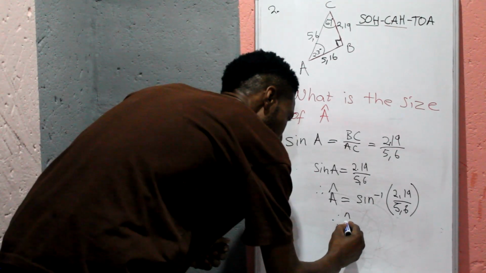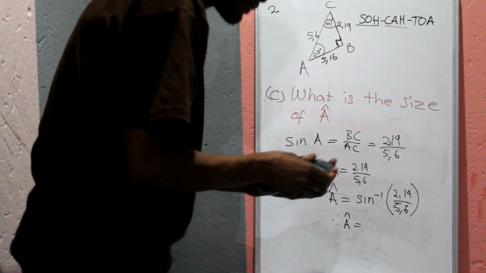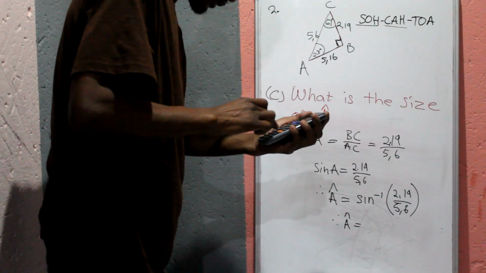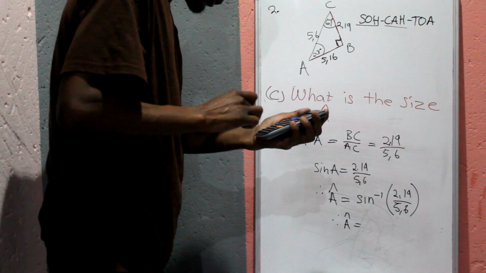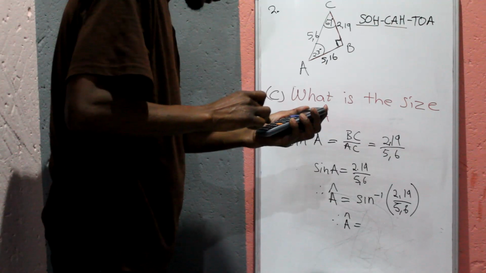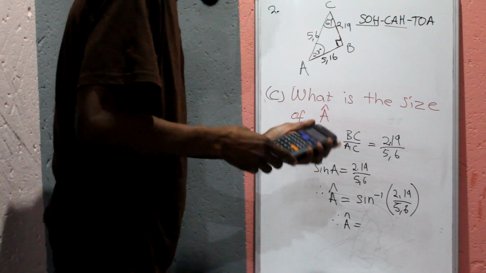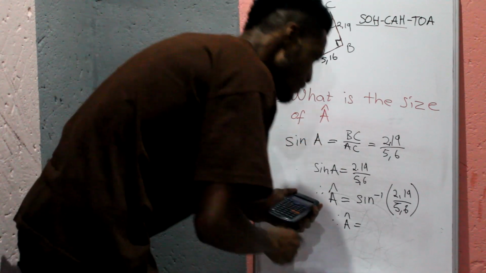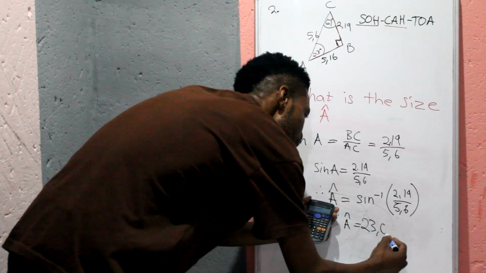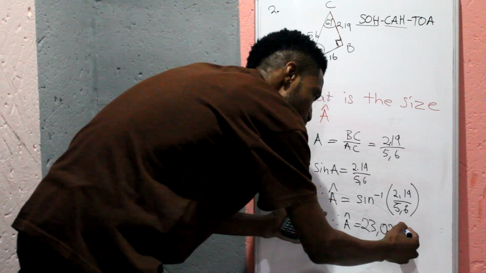Therefore angle A will be equal to, when you punch that into your calculator, shift sine, 2.19 over 5.6. That's going to give me 23. Now you see what I was telling you. The calculator gives me 23.0211, and the numbers go on and on.